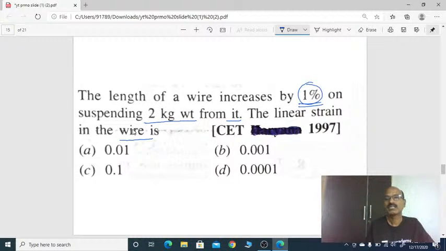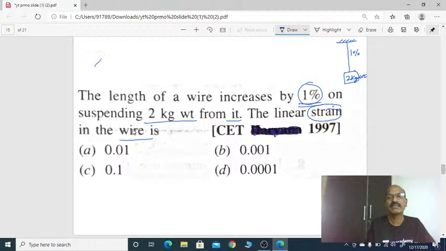Right? So when we suspend a 2 kg weight, the length of the wire increases by 1%. Then, what is the linear strain produced in the wire?